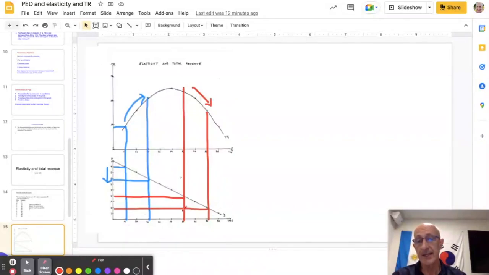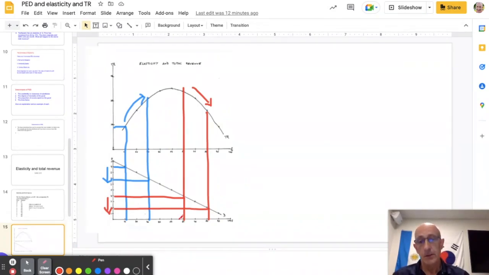And that's because I'm in the inelastic range of my demand curve. So here, price has gone down, but because demand is inelastic and unresponsive to price change, the percentage increase in demand that we get as a result of that decrease in price is smaller than the percentage decrease in price that triggered it. And so overall, my total revenue is going to decrease.